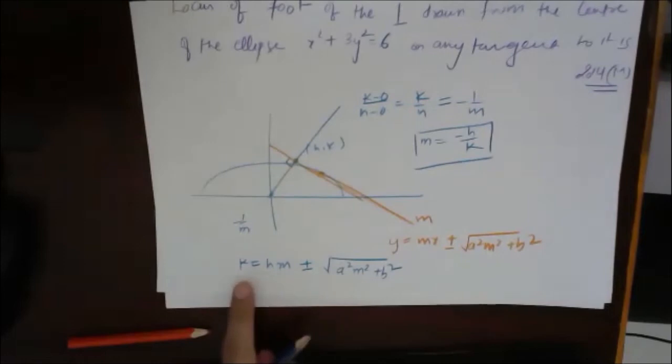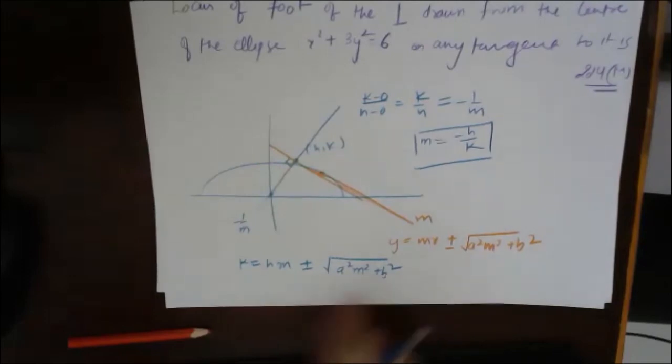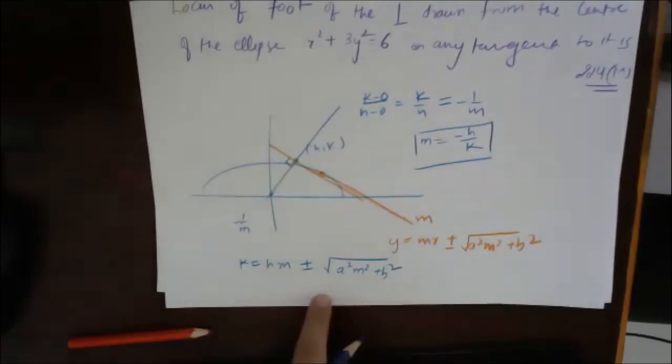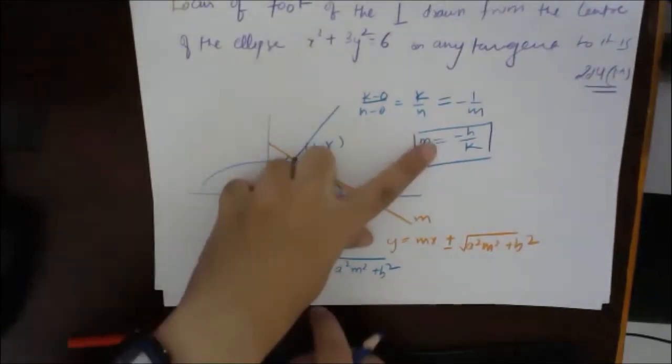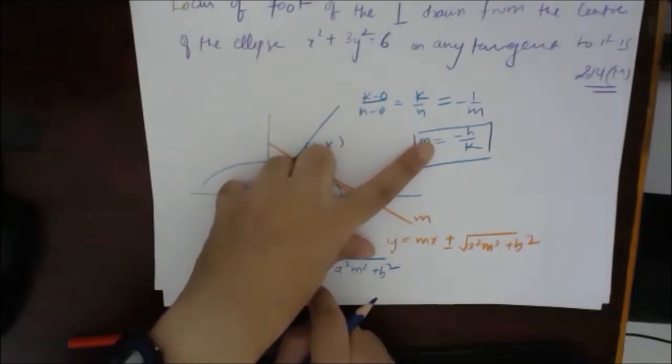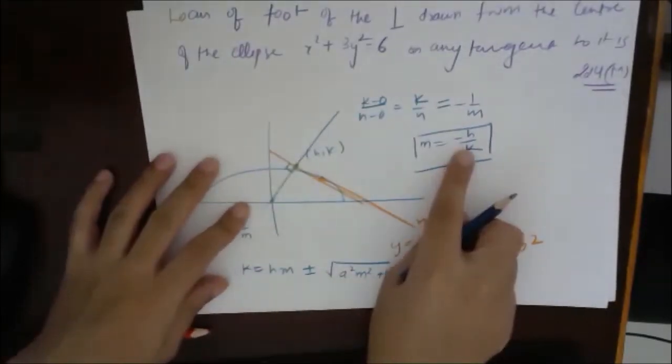Understood? So k equals hm plus minus under root of a square m square plus b square. Which is the extra variable I have taken here? The extra variable is m, and I have already written m in the form of h comma k. So instead of m, I substitute minus h by k.